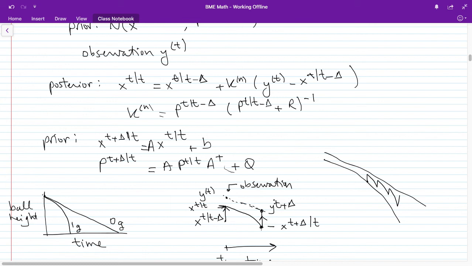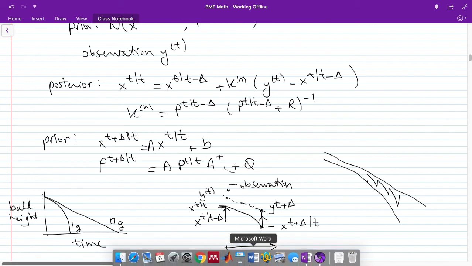So let me describe it this way. You have a dynamical system that you have a model for. You believe this dynamical system is affected by gravity. But that doesn't mean that you're going to be making an estimation continuously that's dependent only on gravity. You also make observations, so you see where the ball is.